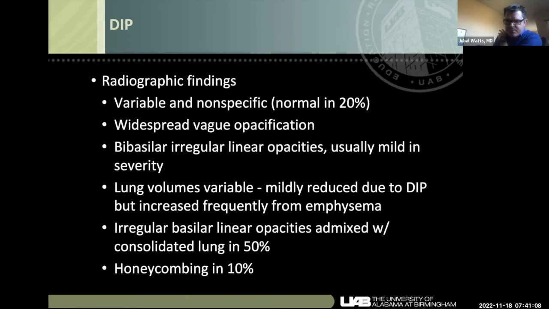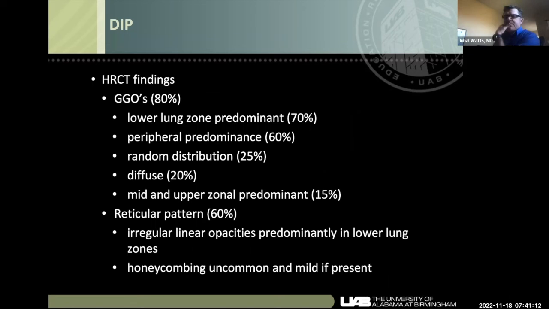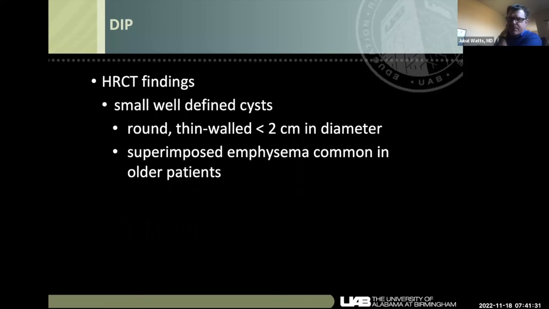You can have some basilar linear opacities mixed with consolidated lung, but the diagnosis is generally made on the HRCT, and the predominant abnormality is ground glass density. It can be diffuse. A lot of times when it progresses, it becomes more lower lung predominant. Most cases I've seen have been kind of diffuse. You can see some reticulation, but true fibrosis and honeycombing is not common in DIP.